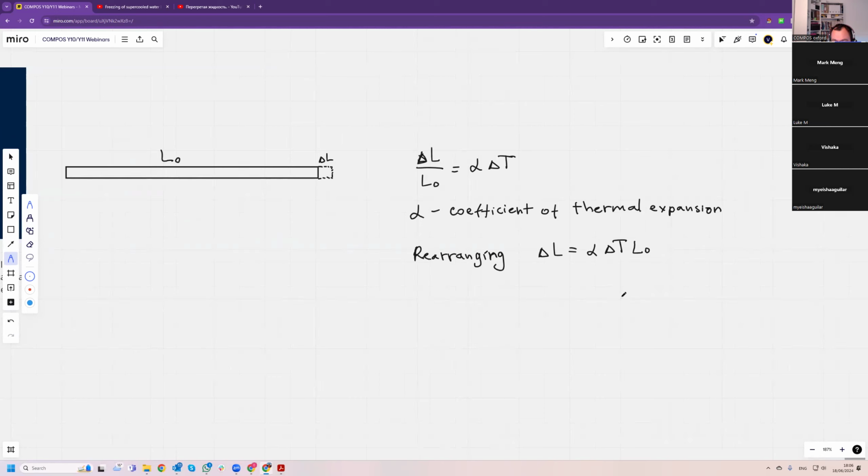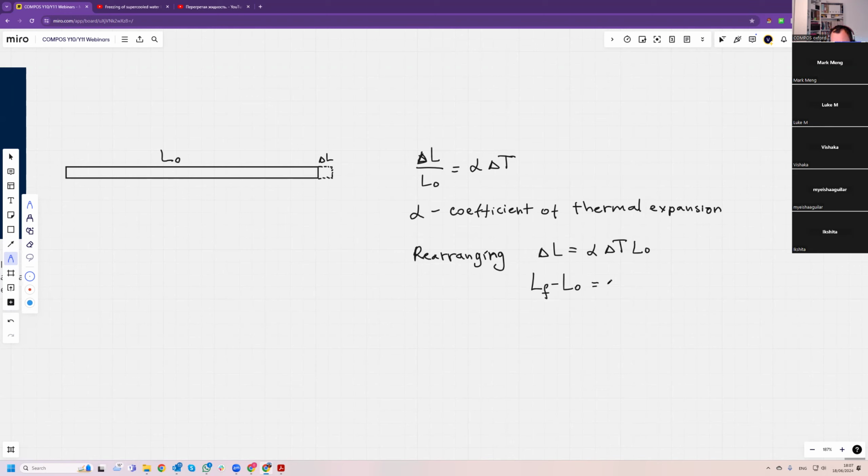Change in temperature. Okay, so delta L is the final length minus the initial length, L0.